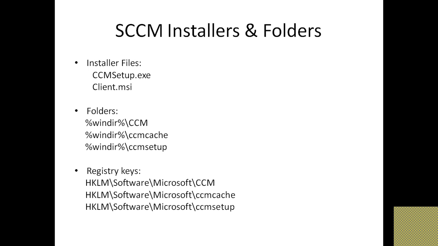And the last, the CCM setup, contains the installation binaries and logs, showing whether the client is installed correctly or failed with an error code. Apart from the folders, we get registry keys installed, which are shown as below.